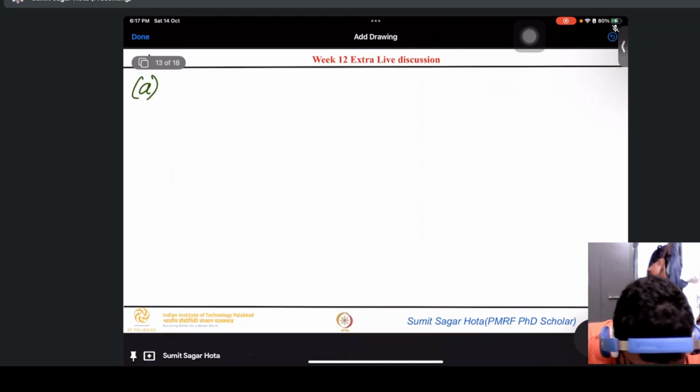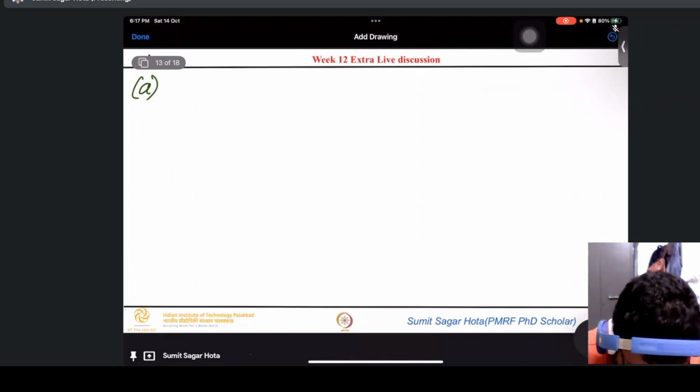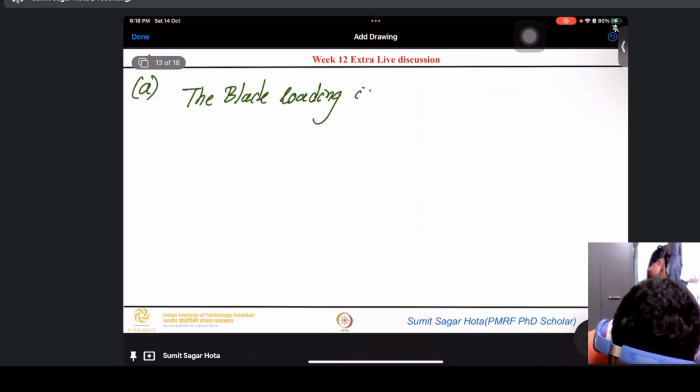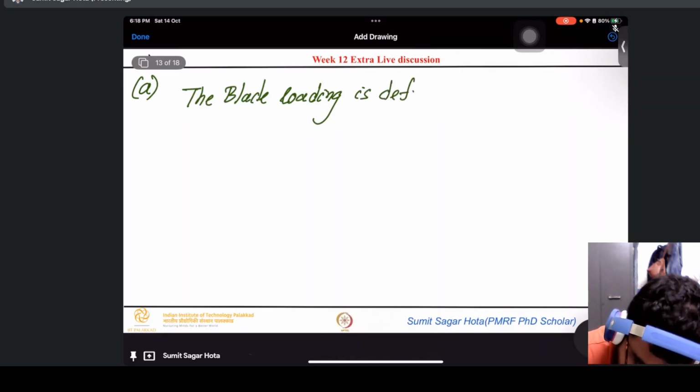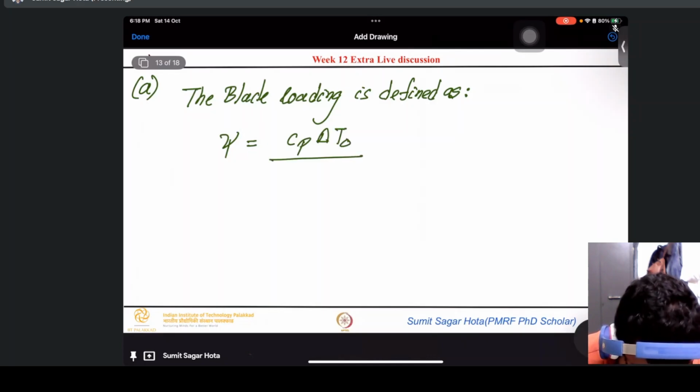The blade loading. Okay, that is blade loading defined as psi is equal to Cp delta T naught divided by U square.